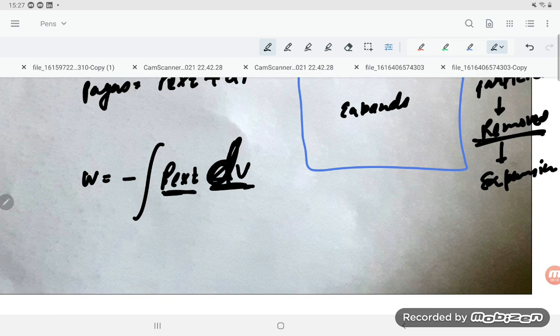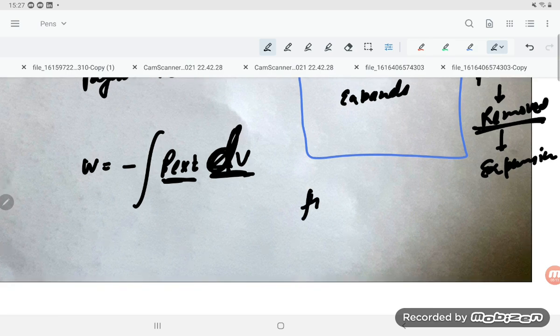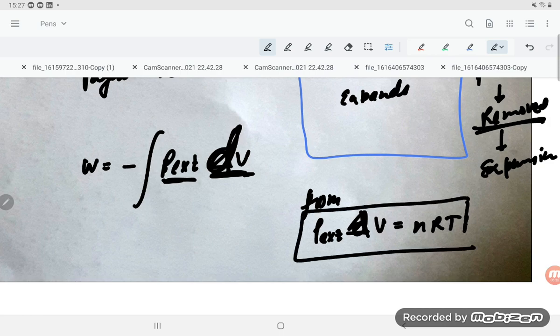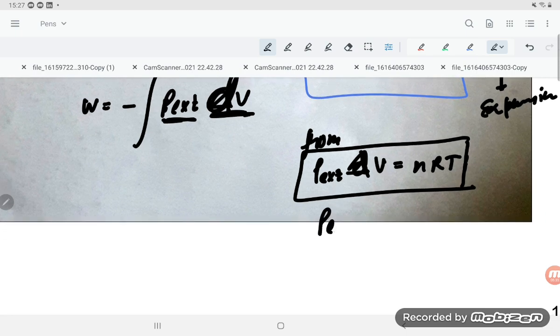From the ideal gas equation, P external V is equal to nRT, so P external is equal to nRT upon V. No need to write the delta sign here.